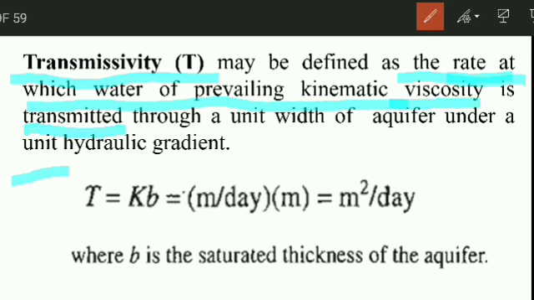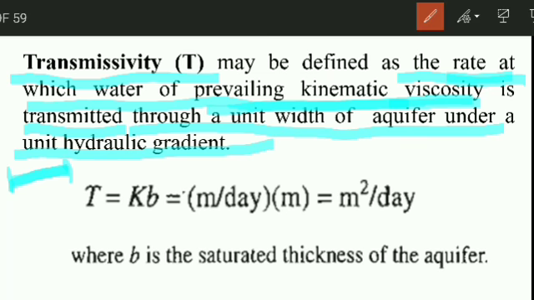So transmissivity refers to water getting transferred from one place to another place, which has a prevailing kinematic viscosity, and it is transmitted through a unit width of aquifer under unit hydraulic gradient.